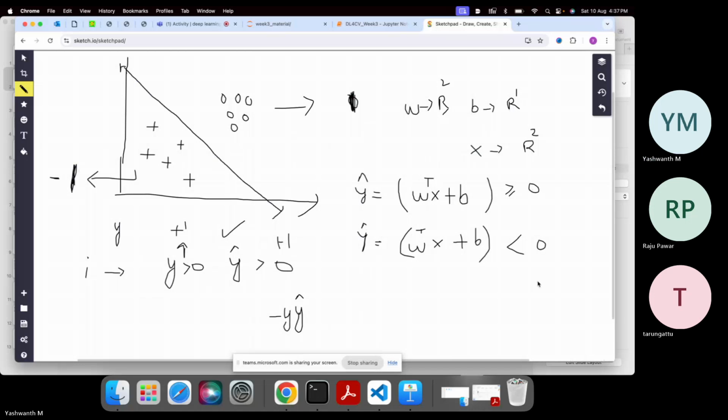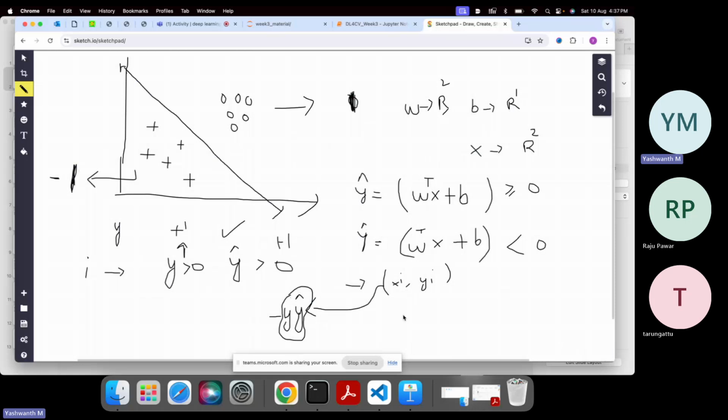So the algorithm of the perceptron is, once a data point comes, let's denote it as xi and yi. Check if this quantity is negative, which means we are making a mistake.